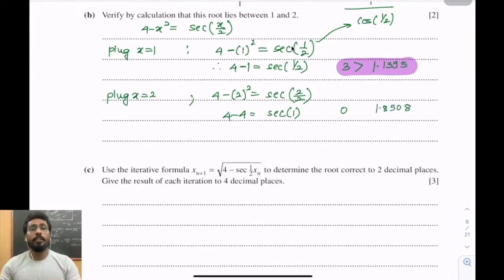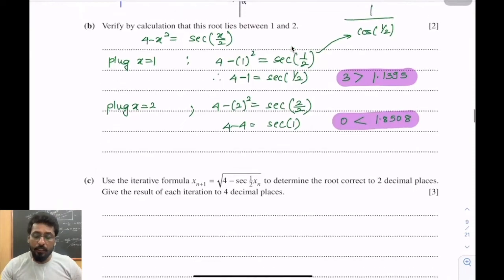Now, 0 and 1.8508, what's the relation? Is 0 less than 1.8508? So I write here, 0 is less than 1.8508. From the second outcome, I can see that there is a sign change, right? In the first relation I had a greater than sign, in the second relation there is a less than sign. This is the easier way of getting the answer. If there is a sign change by plugging in the values of x given to you, you can definitely say that the root lies between the given values.